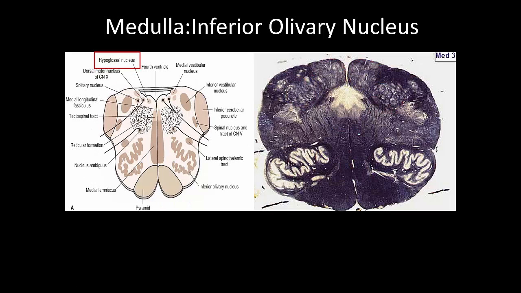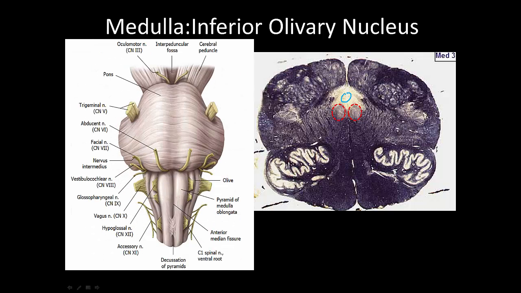Now our central canal is expanding at this point as it's going to approach the fourth ventricle, and just anterior to the fourth ventricle is going to lie our hypoglossal nuclei, which are just more medial in position. And if we look at the external brainstem, we can see the hypoglossal nerve right here as it's exiting the brainstem, and it's exiting in this level of the medulla, in between the pyramids and the olives in that anterolateral sulcus.